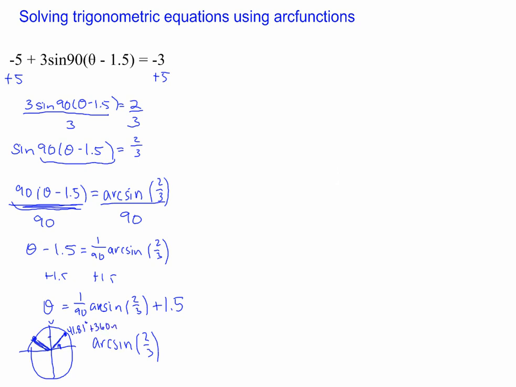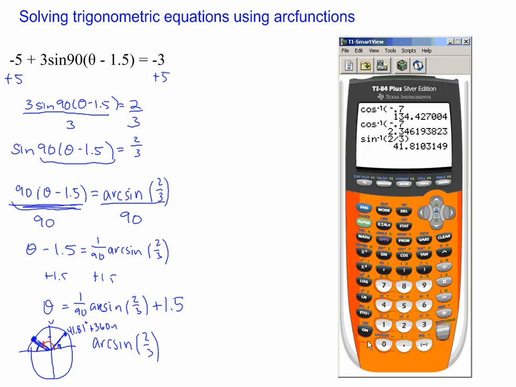Okay, now I want to use symmetry to figure out what the angle is over here. So I can think about this as, this angle here, the reference angle, is also 41.81. So the angle that goes from the standard position to that terminal ray is going to be 180 minus 41.81. I'm going to go ahead and do that on my calculator so that I don't have rounding. 180 minus the answer, okay, is 138.189.